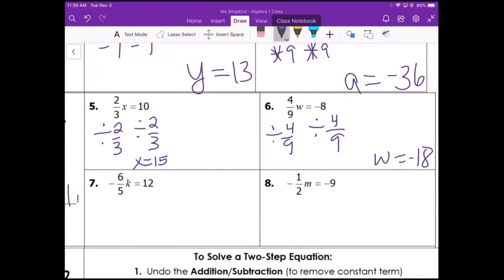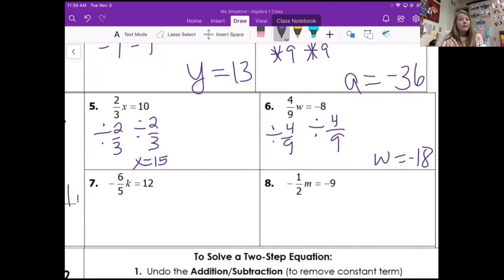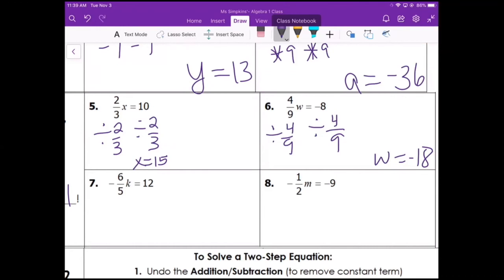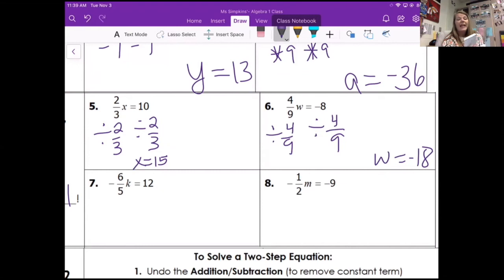Miss Simpkins, yeah, Bryce. For number 6, my calculator says I got -1 over 18. Which one are you using, this white calculator? Yes. Okay, so did you type in 8? Can you see where I'm showing this, Bryce? Yes.